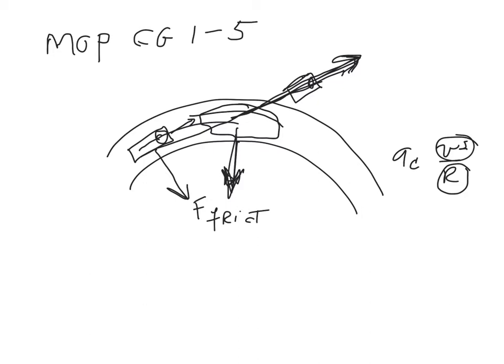So you're not being thrown against the door of the car. The door of the car is being thrown against you. In other words, as you tend to go straight and the car turns, the car meets you and pushes you toward the center of the circle.